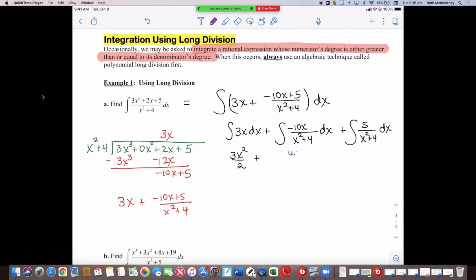I can do the u substitution of x squared plus 4. du is 2x dx. So I'm going to pull the negative 10 out and the 1/2, and that'll be 1 over u du.